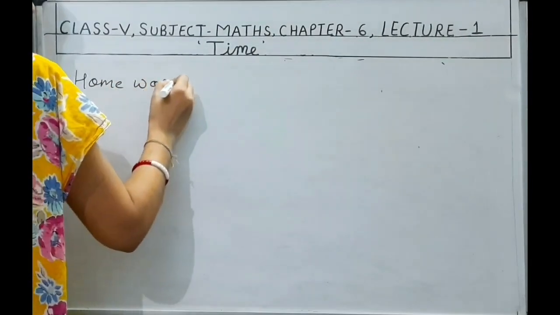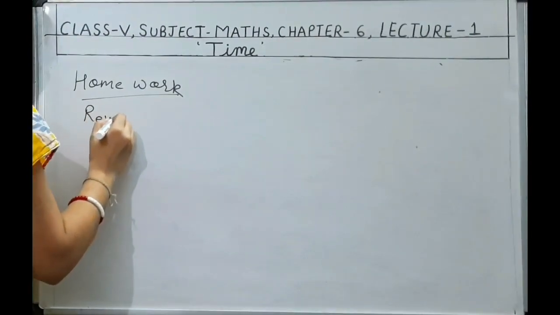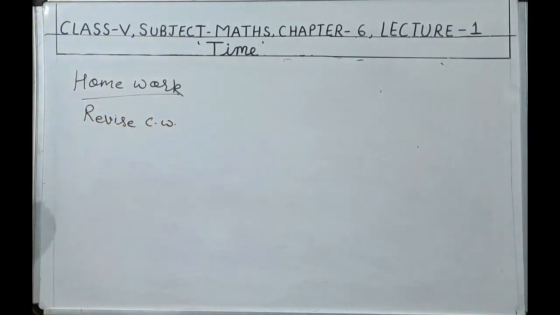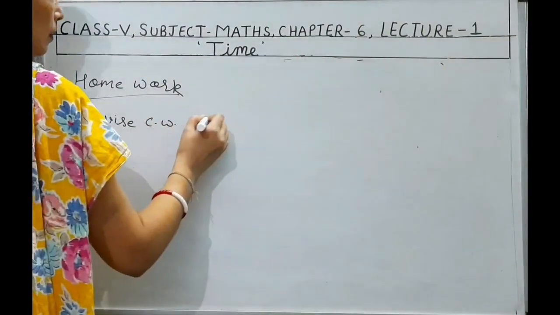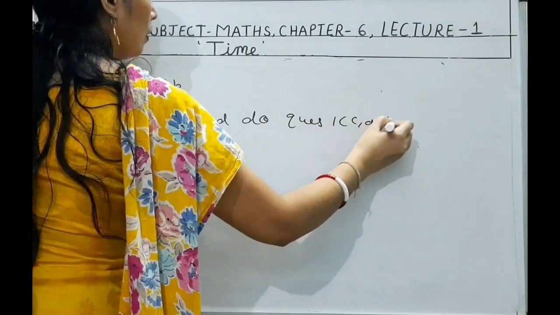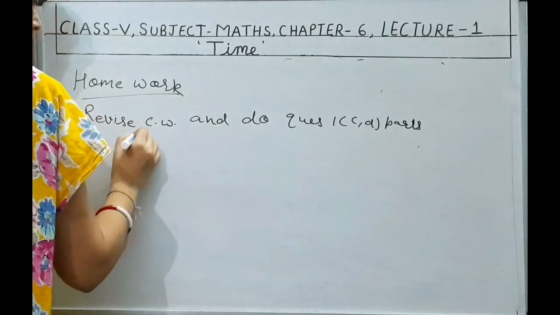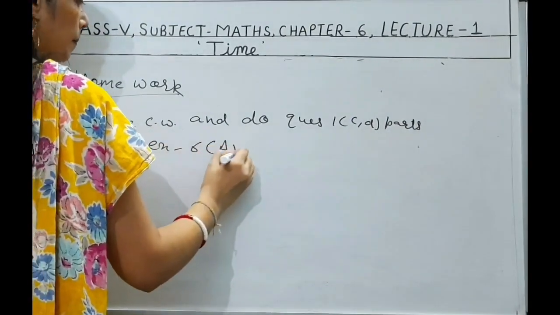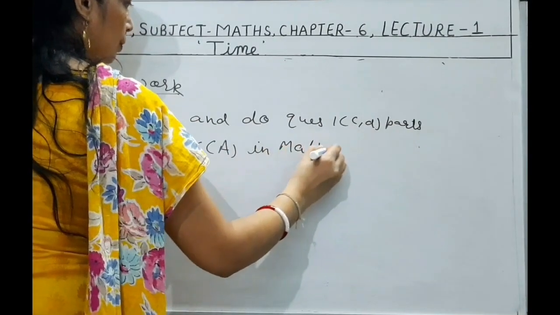Your homework is to revise classwork. You have to revise everything that is given in your book, and do page number 54, question number 1, C and D parts of exercise 6A in maths practice notebook.